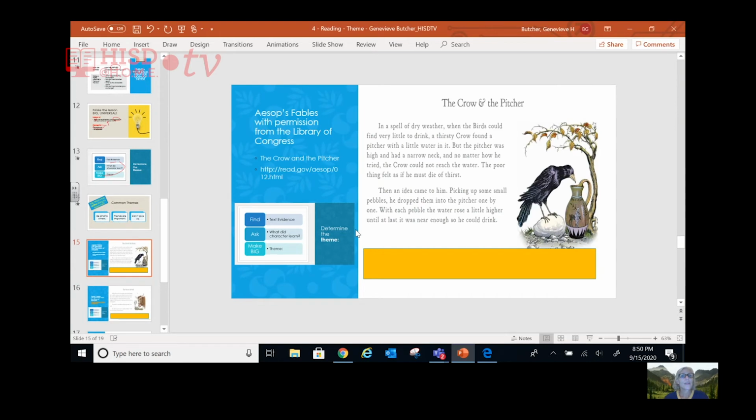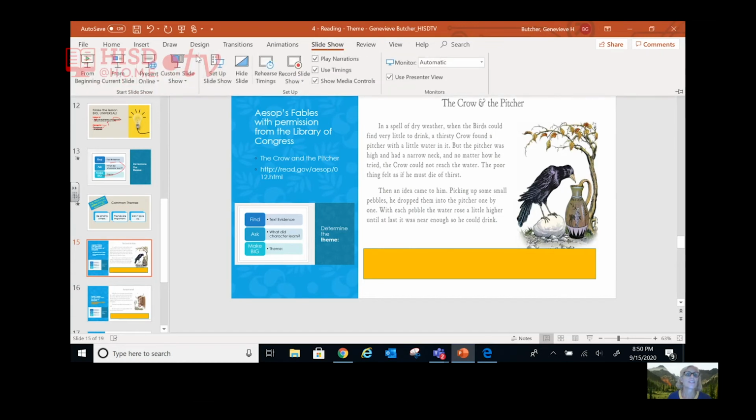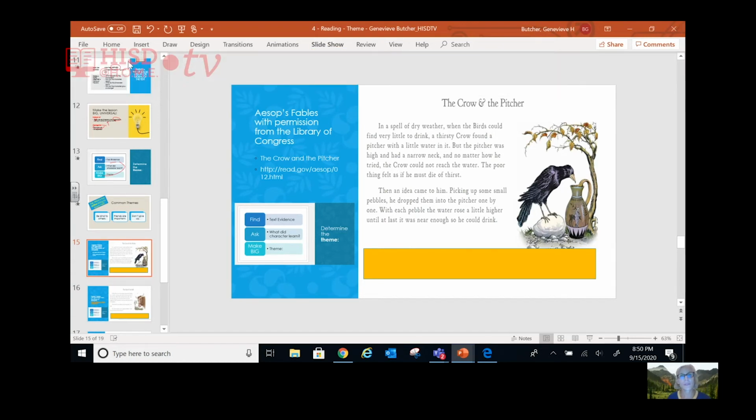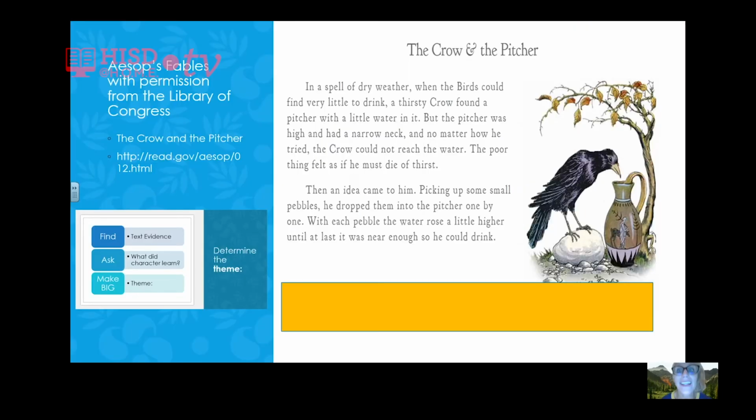Well, here we go to the crow and the pitcher. I love these Aesop's fables, and we actually get to read these online. There's all sorts of copyright issues with reading online, but with this one, the Library of Congress has enabled us to read these online, because they're in the public domain now.